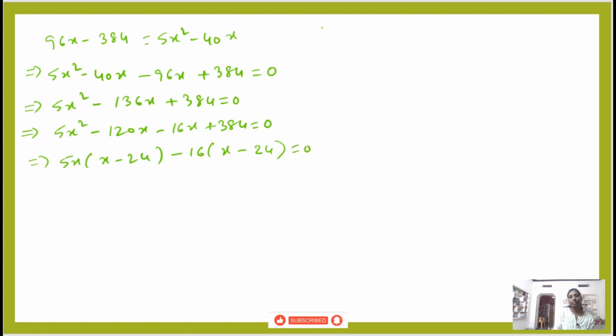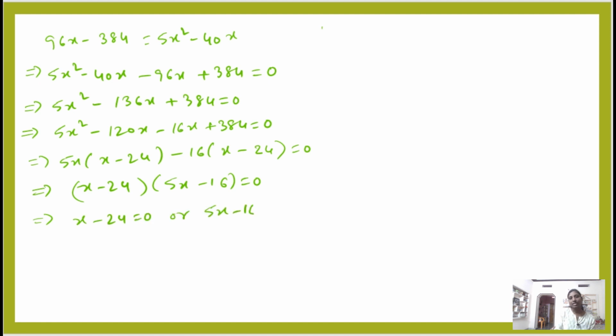Okay, then you will get 5x minus 16, x minus 24 is equal to 0. It implies x minus 24 is equal to 0 or 5x minus 16 is equal to 0. x is equal to 24 or x is equal to 16 by 5.